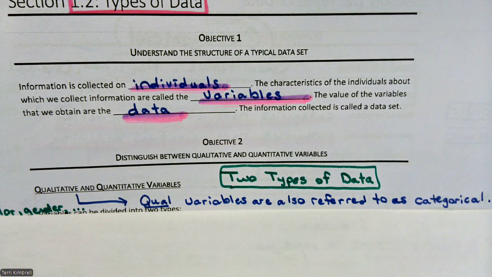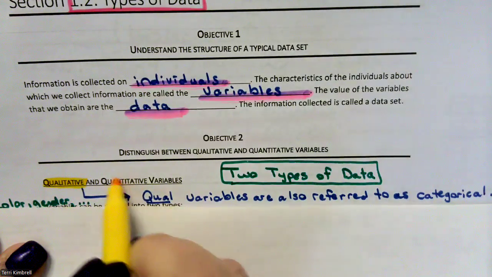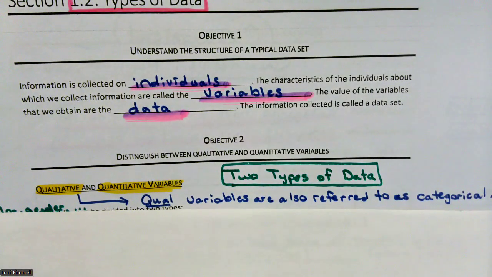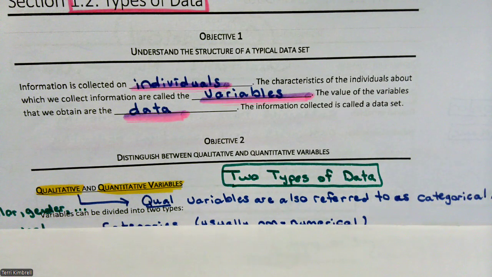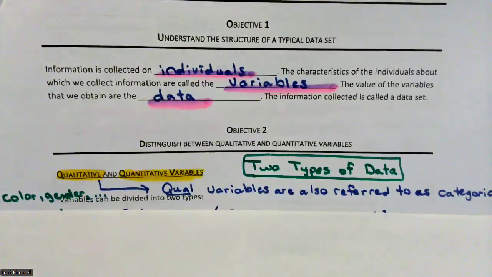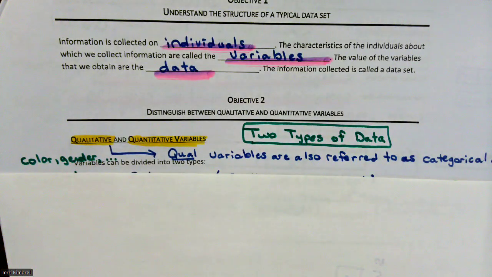You can see right here that you have qualitative and quantitative. Qualitative variables are referred to as categorical. It deals with categories. For example, you can think about color, gender, those kinds of things. Nothing you're really going to do math with.